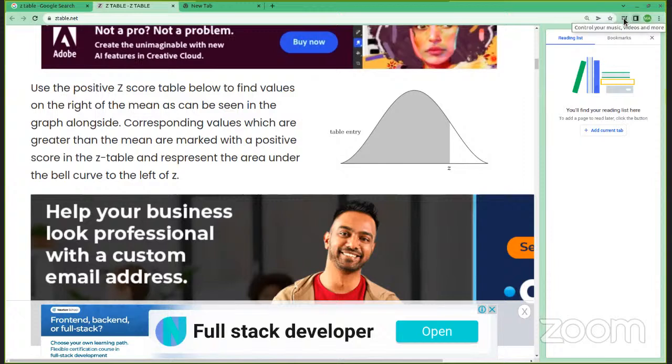A zoom drop down could be there. I didn't have any annotate thing here.